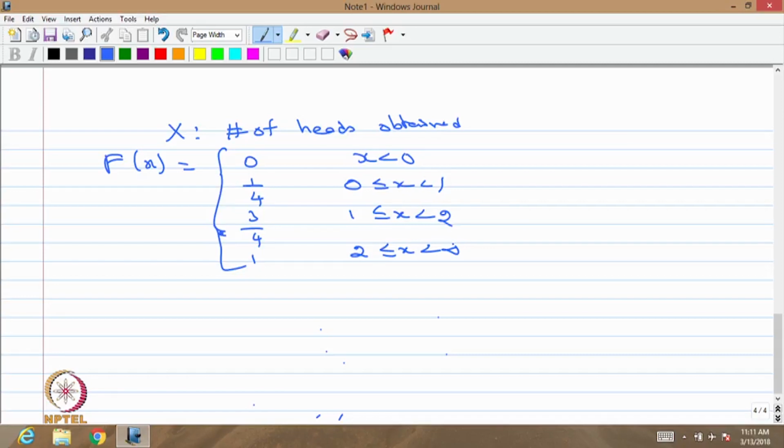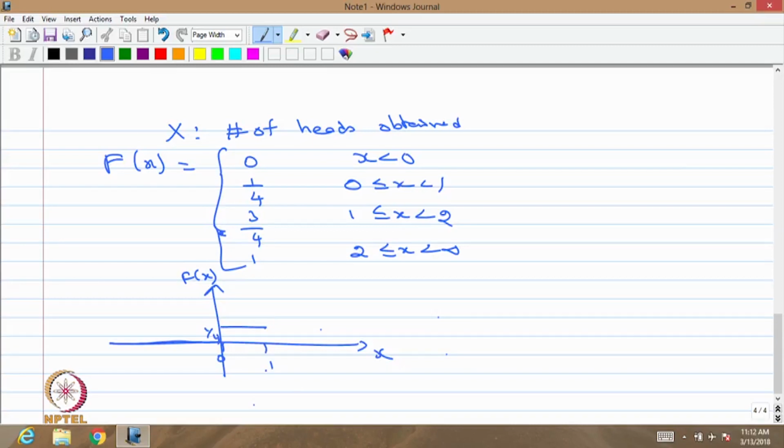Now, we are discussing the same example. If you draw the CDF capital F of x of this random variable, till 0 it is 0, at 0 there is a jump of 1 by 4.